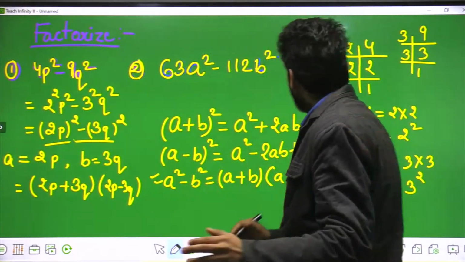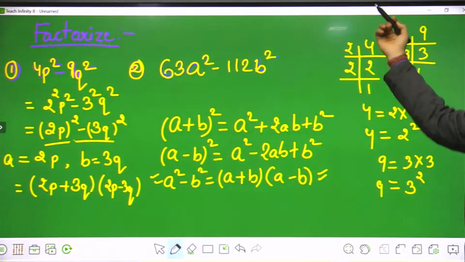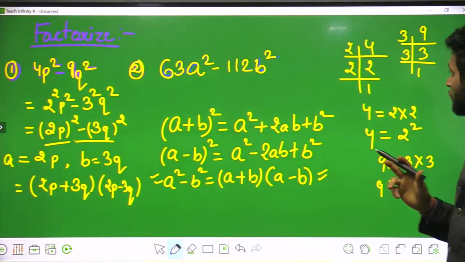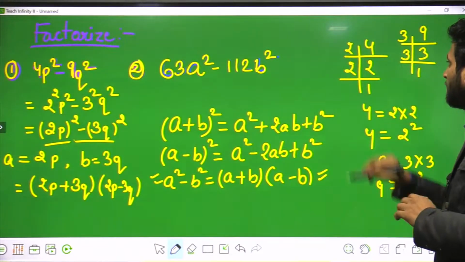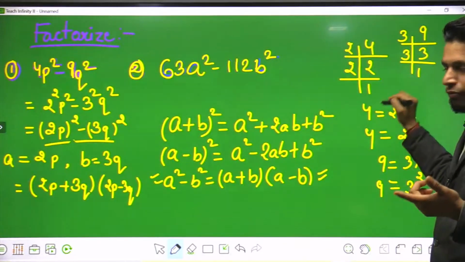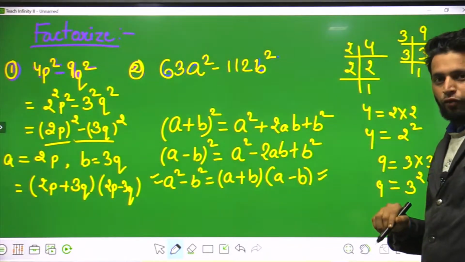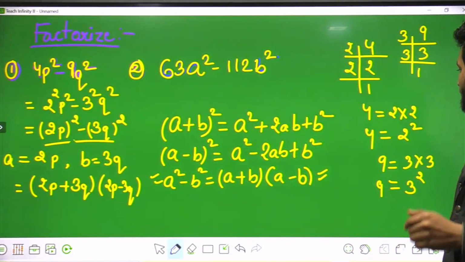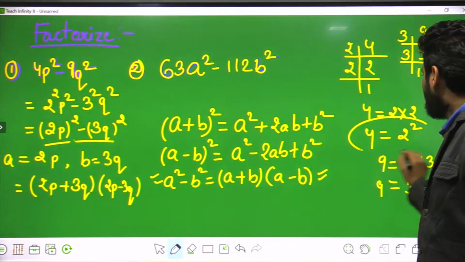You know how we can write 4 as a square? You should factorize 4. When we divide 4 by 2 it will be 2, then again divide by 2 it will be 1. So we can write 4 as 2 multiply 2, that's why we are writing 4 as a square.